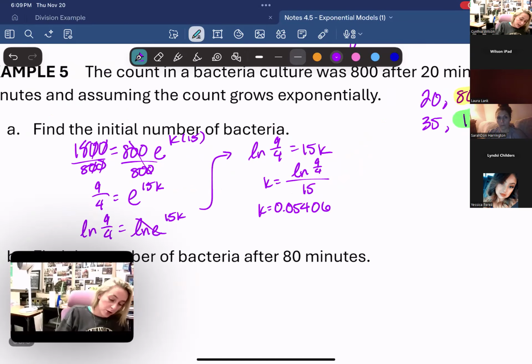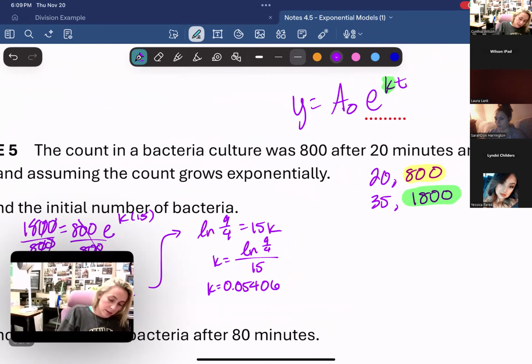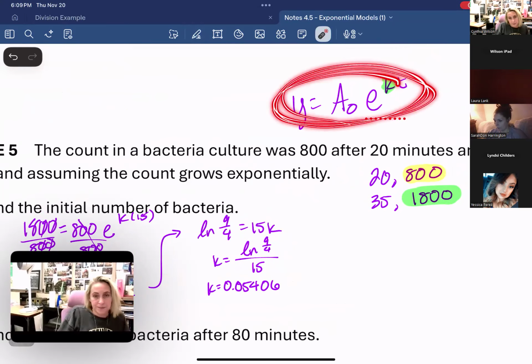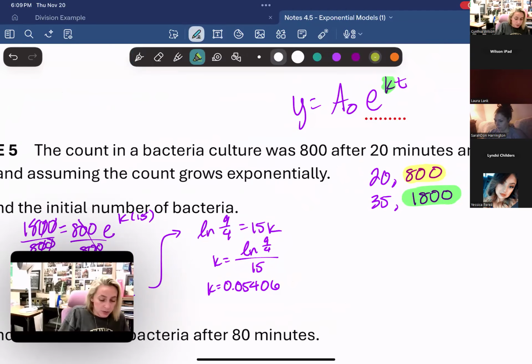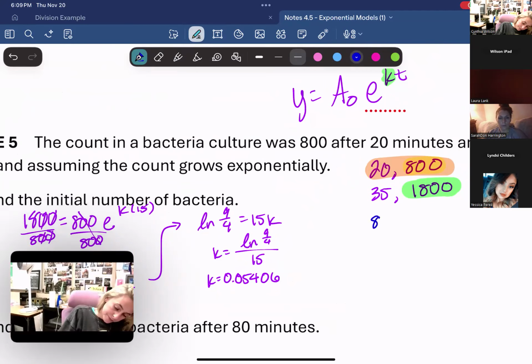So now we're going to go back to this equation and figure out what the initial value was. Let's continue to use this piece of information. Now that 800 represents the ending value, we still don't know a0.